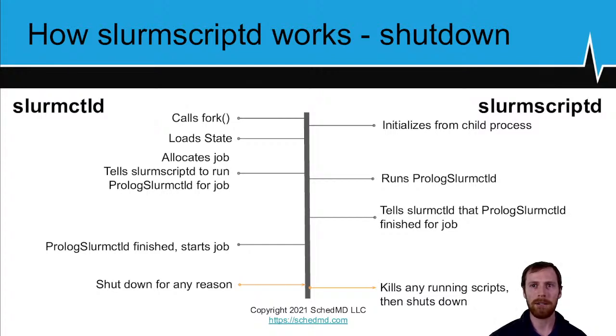That way we're not leaving these scripts leaking on the controller node. So the important things are slurmscriptd initializes and kills itself, admins don't have to do anything special, and slurmscriptd will run these scripts instead of slurmcontrolD.